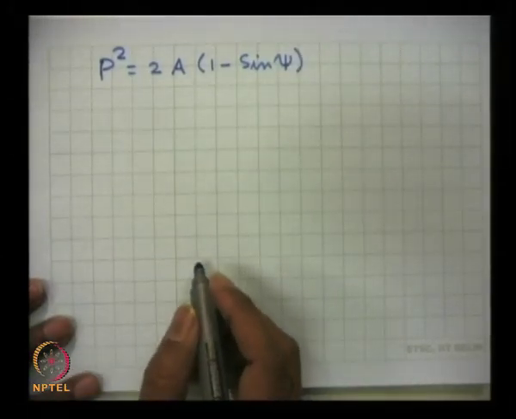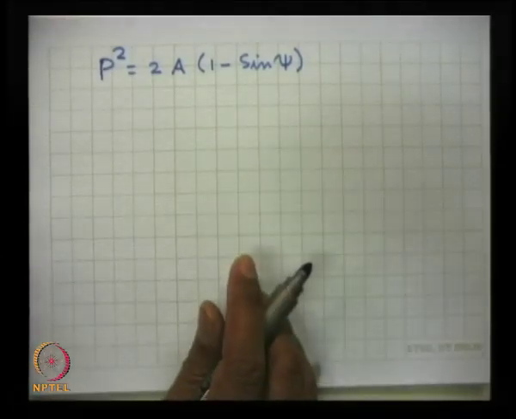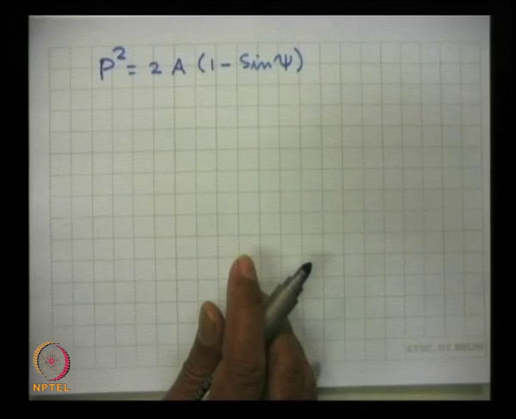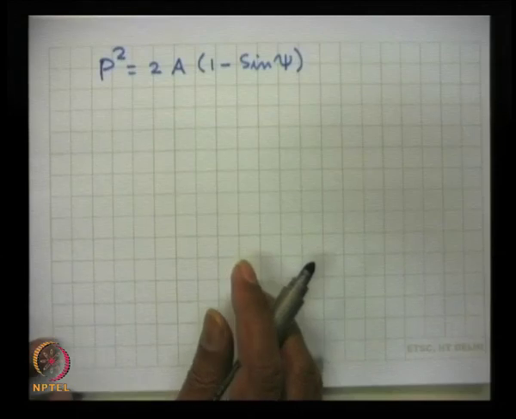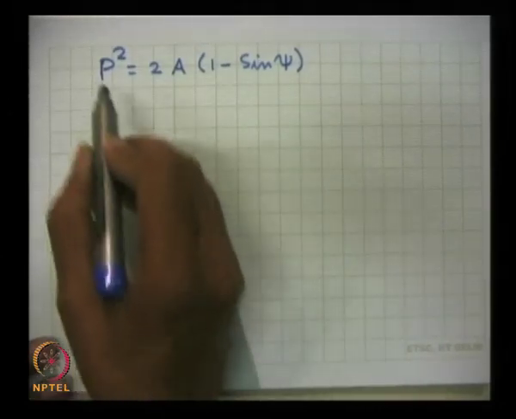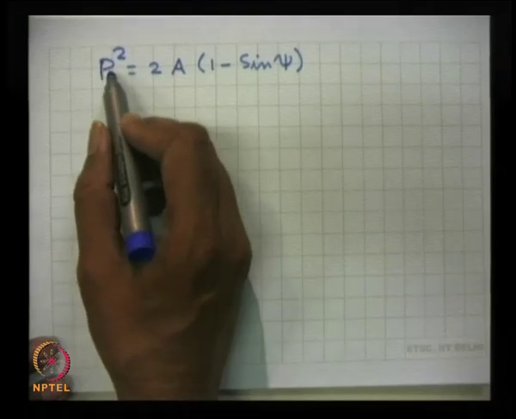And let me plot this. So, if I plot this quantity, obviously one may recognize that P square is positive, but P can take negative or positive values.